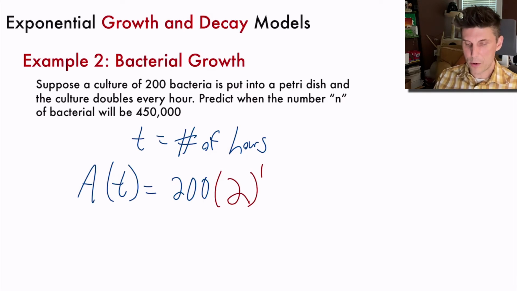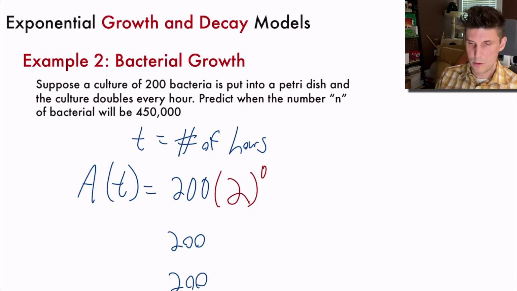Because after 1 hour, we're going to have, let's just go back. At 0 hours, we're going to have 200 times 2 to the 0, which is just going to be 200.